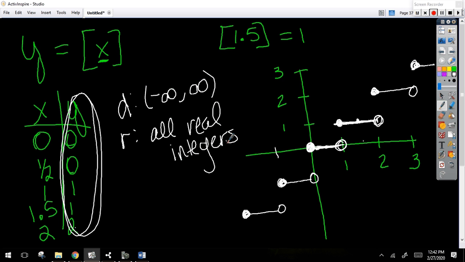Okay, if you want to write it like that. If you want to write it in set notation, you can. -1, 0, 1, 2, ... Or if you just want to write all real integers, that's fine too. Everybody okay? How about the end behavior?